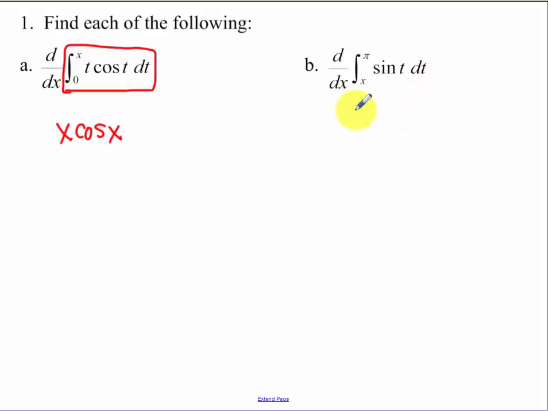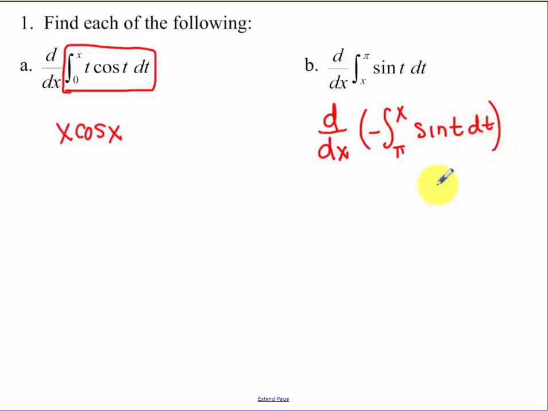Same thing here. Okay, just remember we need to switch our signs because that's going to be the negative. The x needs to be the upper limit. So now when I find this, this is just going to be negative sine of x.